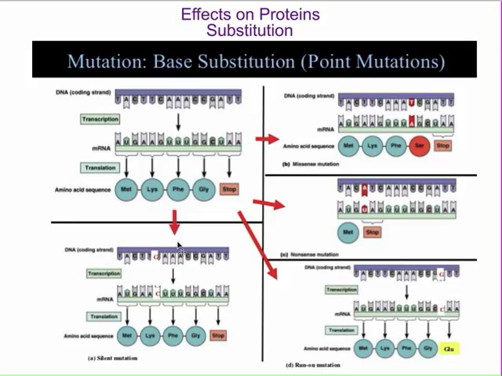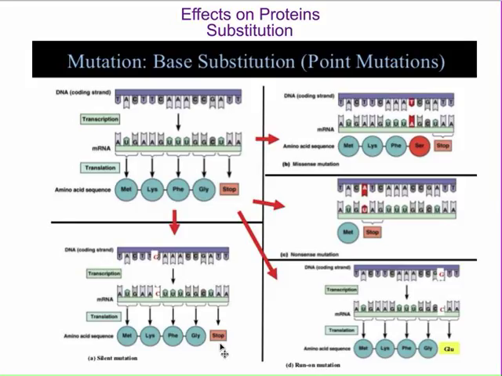Finally, and most interestingly, is a silent mutation. If a base pair changes, it's possible, because of the fact that there are 20 amino acids but 64 codons, and there are multiple codons for one amino acid, it could create the exact same amino acid in the polypeptide chain, and then end up creating the exact same protein.